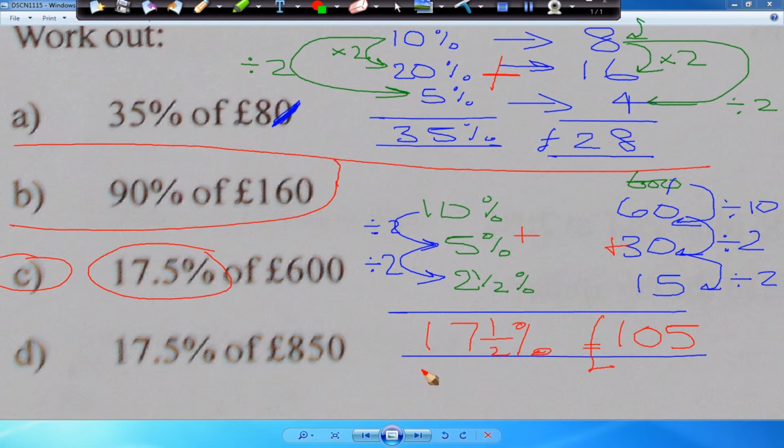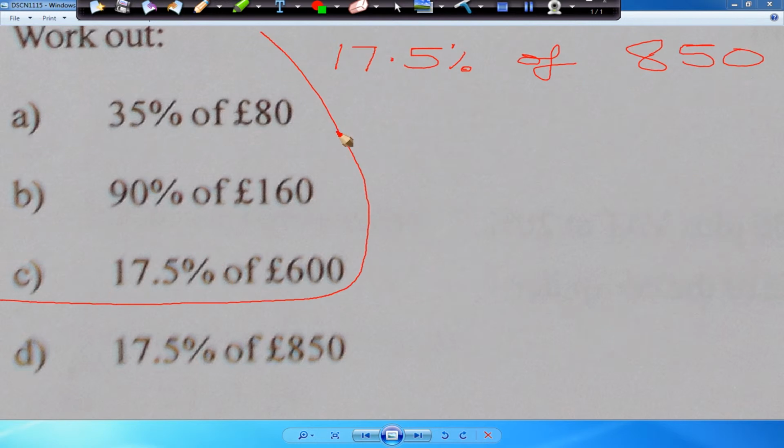Yeah. Okay, now I want everybody in the class to do part D while I pause the video. Everybody do part D. Right. Okay, this was the class of questions: 17.5% of 850. Mr. Hassan's volunteered himself to start us off. So we're going to start off with what percent, Hassan? 10%. And then? 5%. And then? 2.5. This is the number bonds of 17.5, folks.